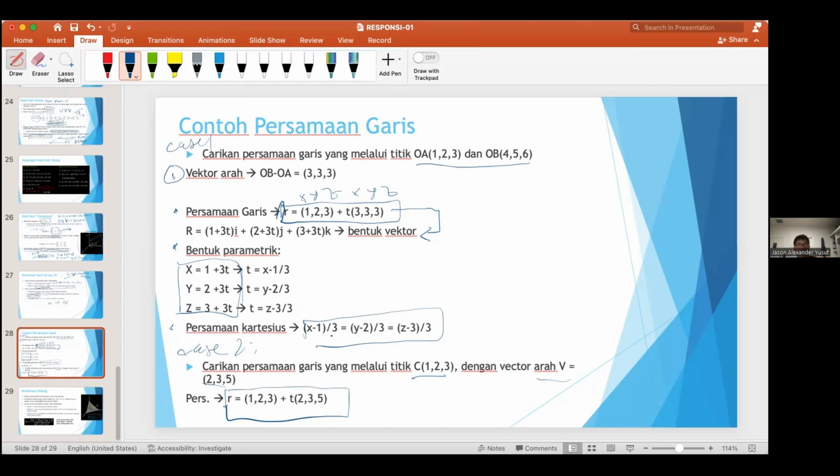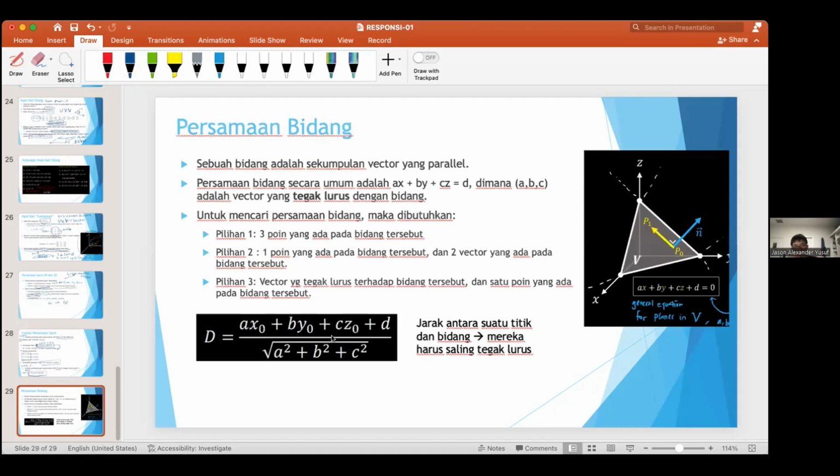Okay, so the last part is the equation of a plane. So basically, this would be the equation of a plane. As mentioned before, a plane is a collection of vectors that are parallel to each other.